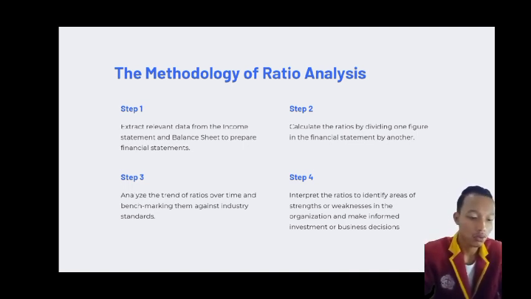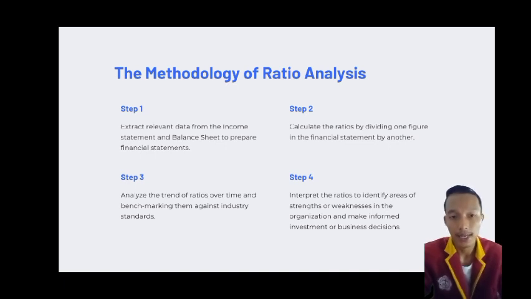Step number 2, calculate the ratio by dividing one figure in the financial statement by another. Step number 3, analyze the trend of ratios over time and benchmark them against industry standards.